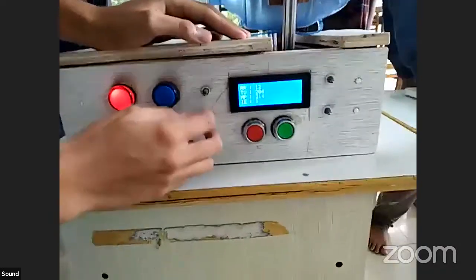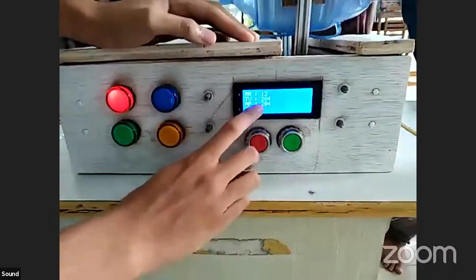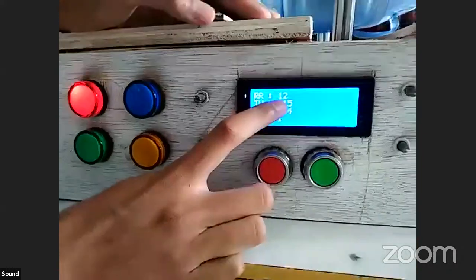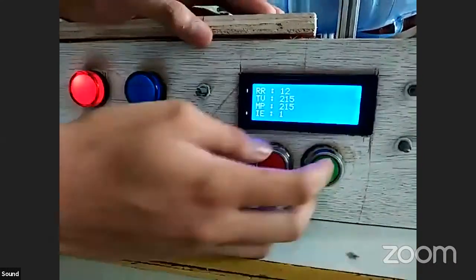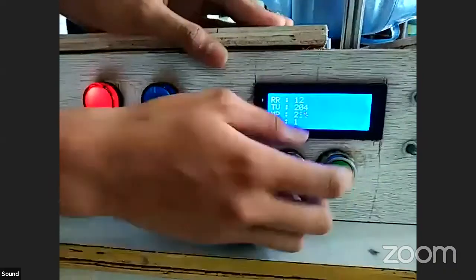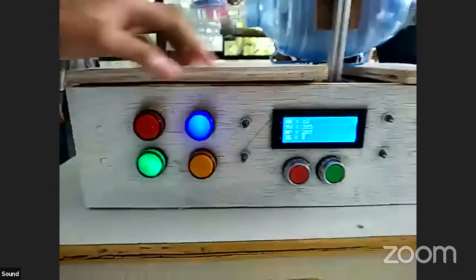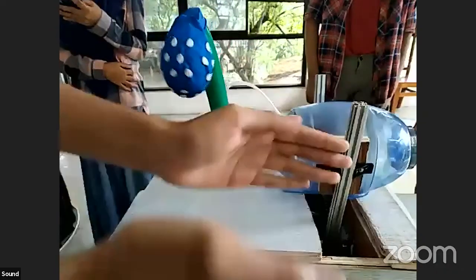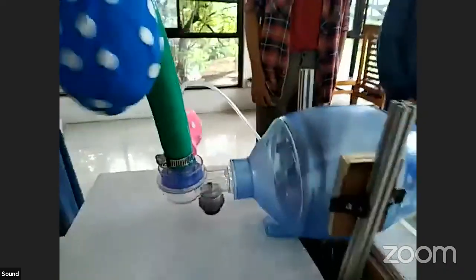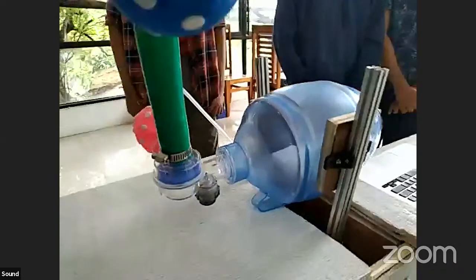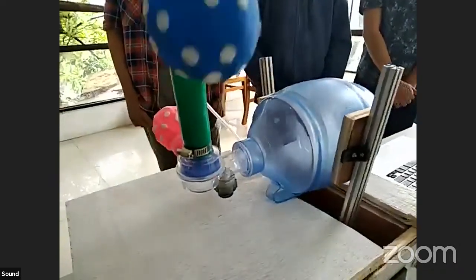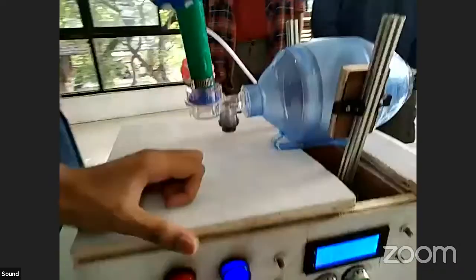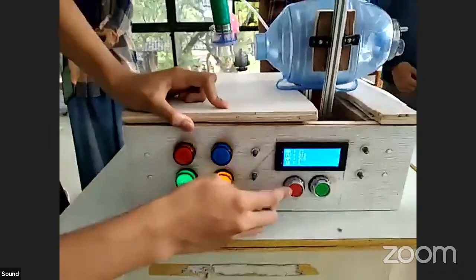By default, the tidal volume value is around 200. If you turn it on, it will move slowly and not really deep like this. Now to stop it, you have to press this red button.